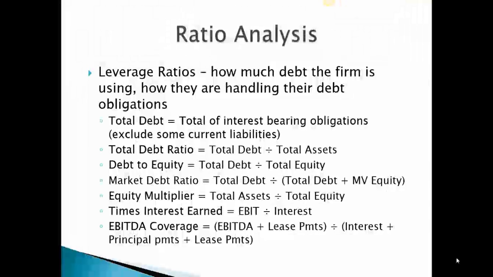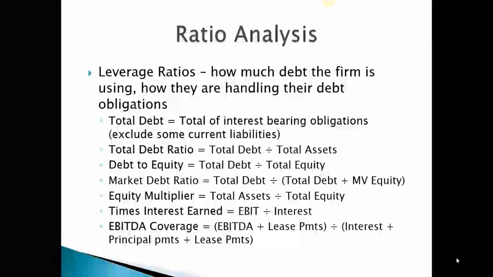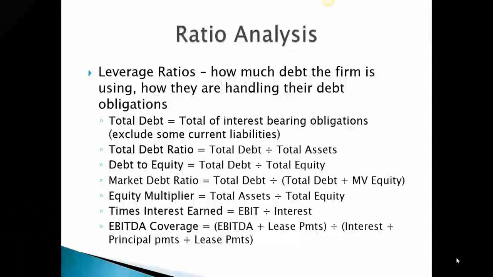And these next two are measures of the ability of the firm to meet the interest obligations. So anytime you have debt, you've signed up for a regularly occurring interest payment, and sometimes even a principal payment along with it, to the bank, to the lender, and you've got to pay that on time, all the time. And so these next two measures are looking at the ability to pay those obligations from your operating earnings.